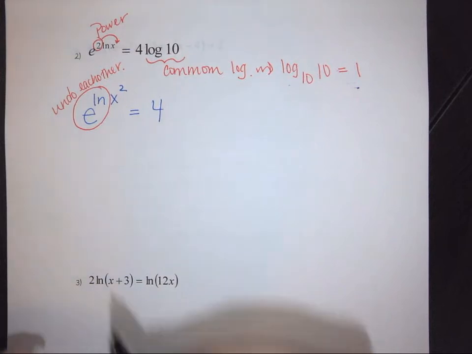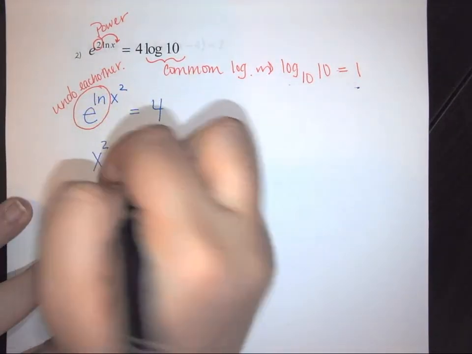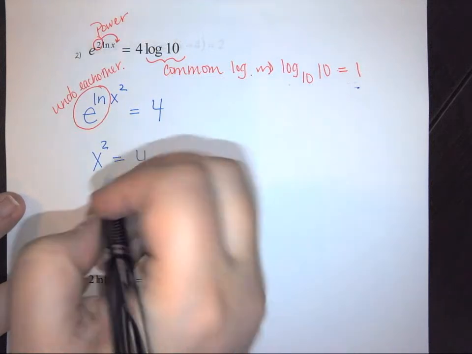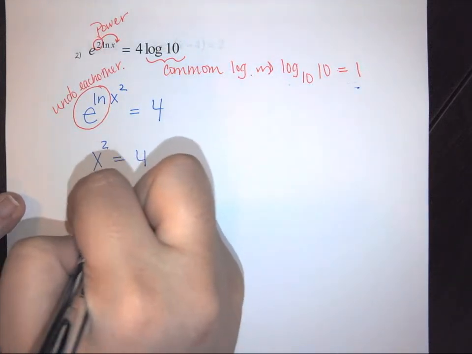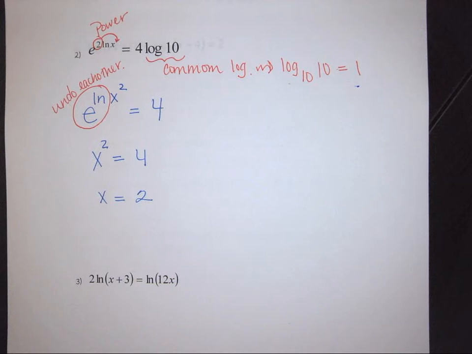Therefore, that is going to leave behind that x squared is equal to 4. So we can take the square root and we get that x is equal to 2. Now remember, you cannot take the log or the natural log of a negative number. So we're just looking at the positive in this case.